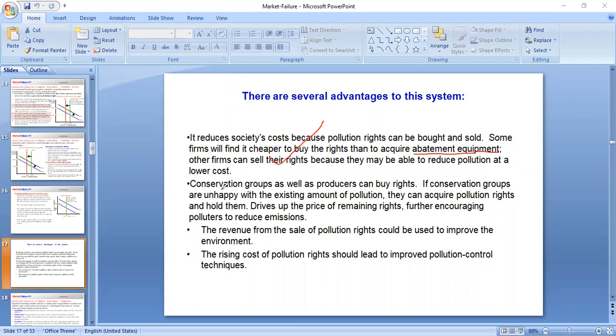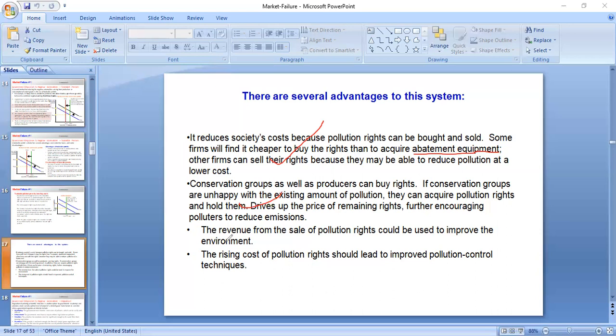At the end of the day, it will reduce the number of permits available. It will become costly for these polluting farms to acquire permits, and some of them will end up exiting the industry. So that's how it works.